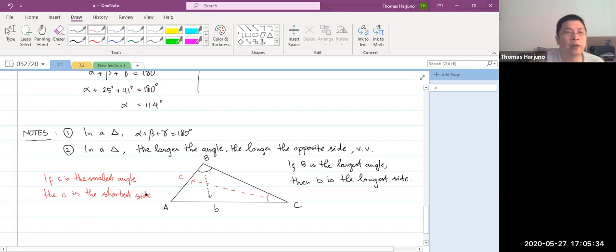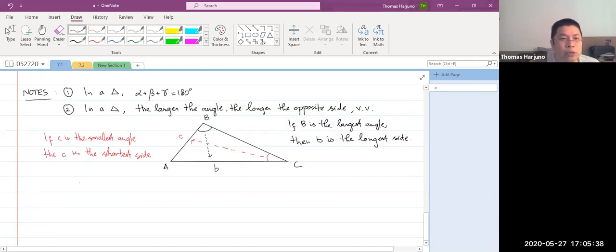Now, the third observation that we will need to use very soon is something from trigonometry.